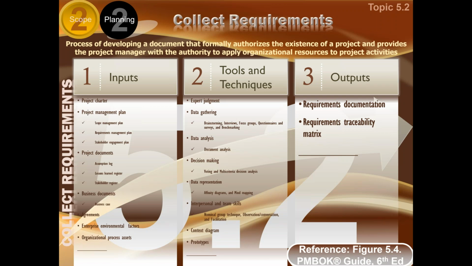In decision making, we can use voting and multi-criteria decision analysis. When a group is making a decision, then probably to gain consensus, we can have voting, or we can have a formula defined for multi-criteria, and we can base our decisions on that. How the data is to be represented, there could be mind maps or affinity diagrams.